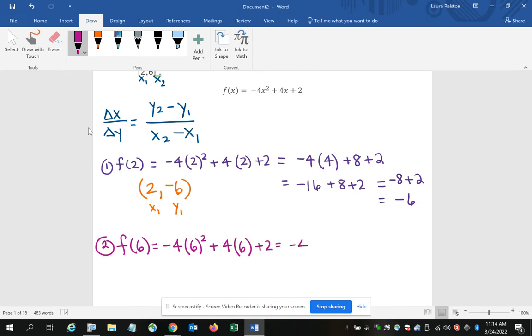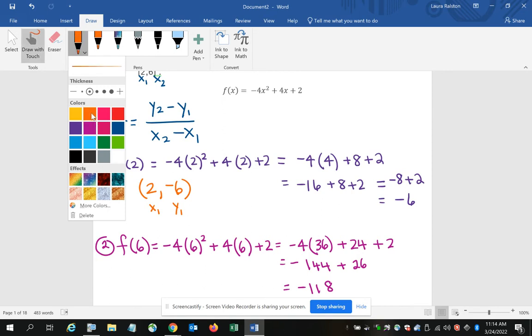That equals -4 times 36 plus 24 plus 2. -4 times 36, again, you may want your calculator, is -144 plus 24 plus 2. So -144 plus 26 is -118.